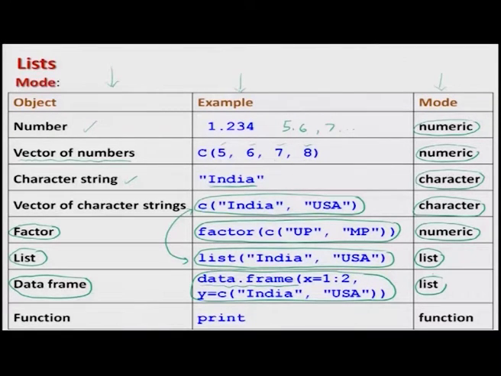Another object is function. We already did functions in the initial lectures, and we used one function there, print, which was used to display the output, any number or a character. And if you try to find out the mode of this function, then it is a function.